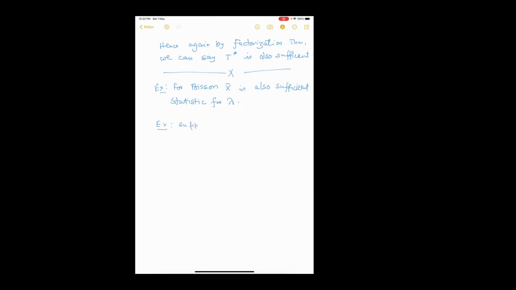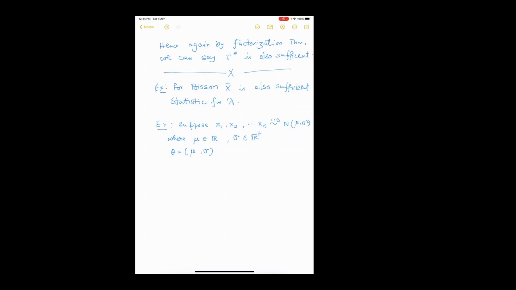Suppose x1, x2, ..., xn are all IID, following the normal distribution with parameters mu and sigma square, where mu is in the real line and sigma is in the positive side of the real line. Okay. So my theta is two-dimensional, mu and sigma, mean and standard deviation.